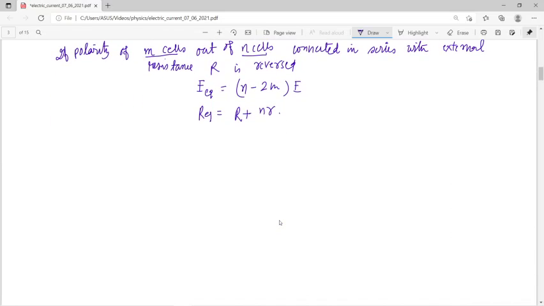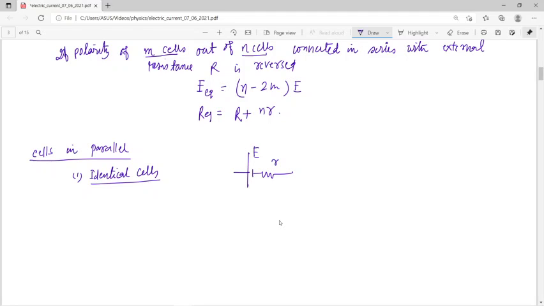Now I am coming to other formulas. If the cells are connected in parallel, that means if identical cells are there, this is E, this is r, and also that is E, that is r, this is E r like that, and they are connected like that.